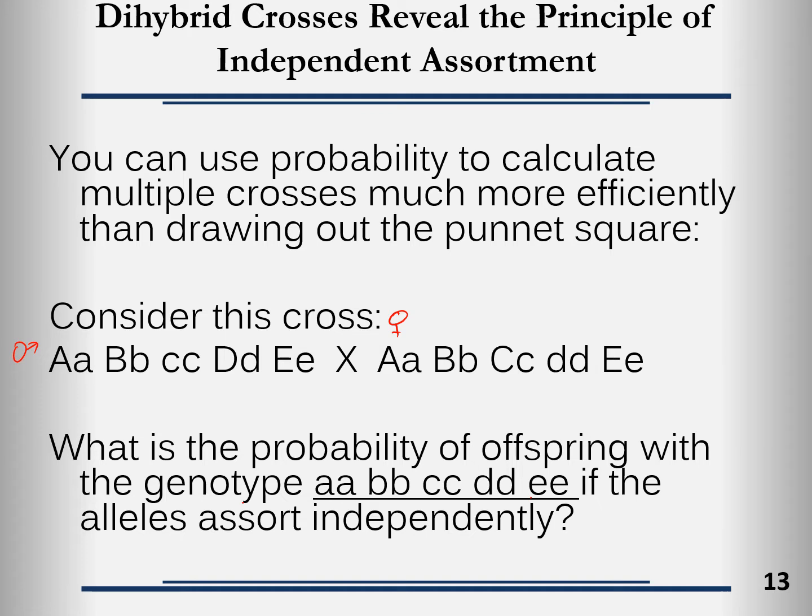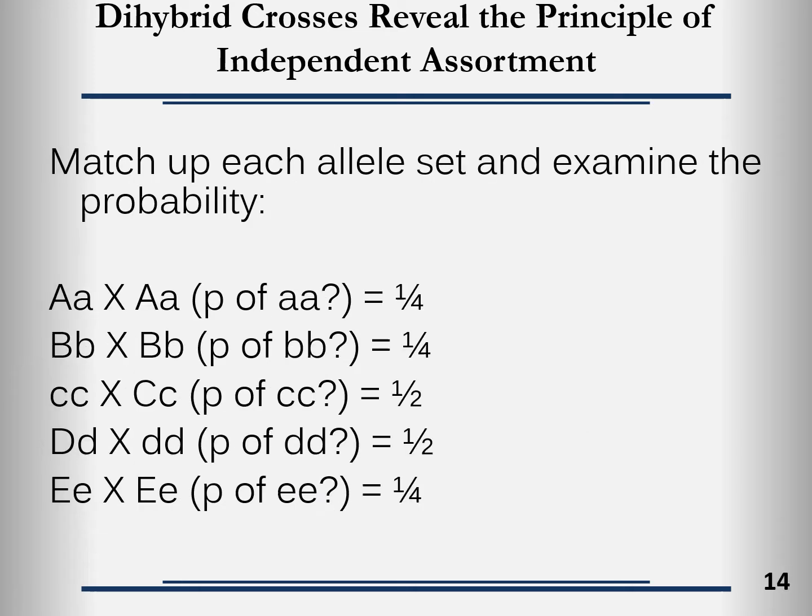Now, if the genes do move independently, what this means is that the genetic decision about whether or not they will be recessive for A plays no bearing at all on the decision for what happens with B or C or D or E. So in reality, what I have, instead of a complex genetic problem, is 5 very simple Punnett squares. And then I can use the multiplication rule or the addition rule to calculate the probability.